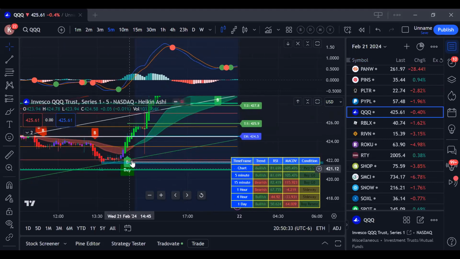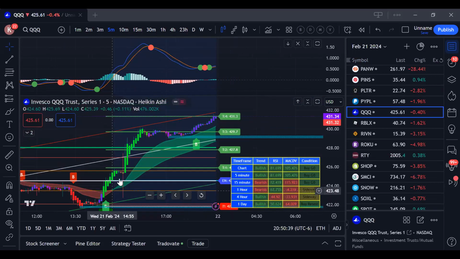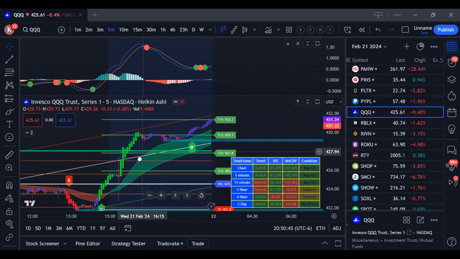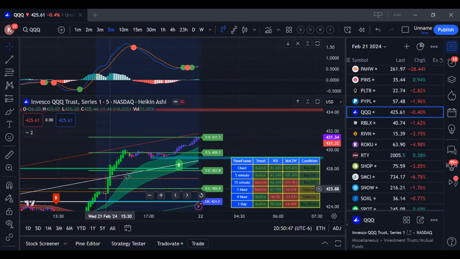Right, you got a buy signal, you got a breakout, it came to the support, the cloud turned green, and then it went all the way up. So if you buy calls here, you will make nice profits. As long as the cloud is green, you can be on the long side.